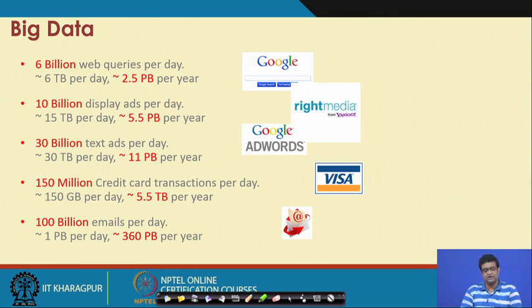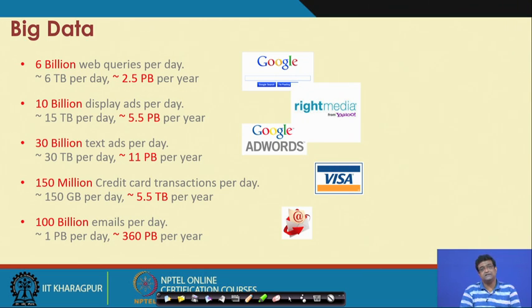Similarly, you have 10 billion display ads which are shown every day. This is the Right Media Exchange, 30 billion text ads per year, 150 million credit card transactions per day, 100 billion emails are exchanged per day. So, these are some really big numbers. Okay. So, we know that we live in the era of big data.